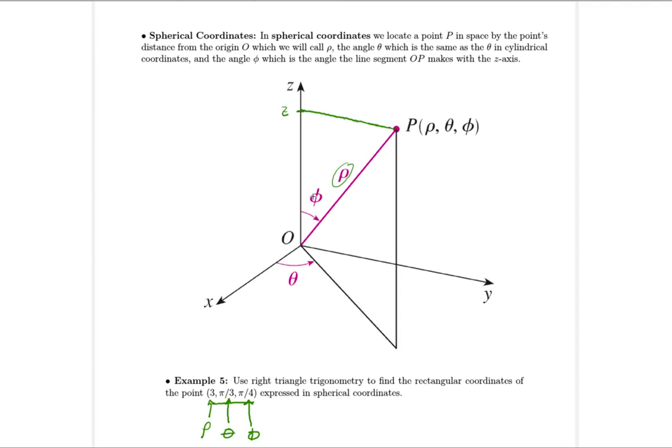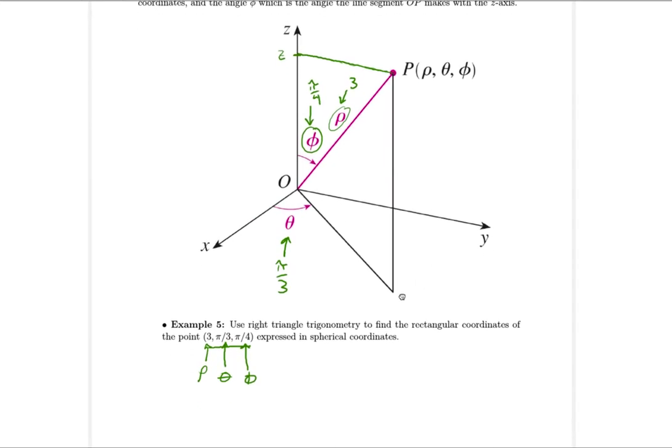Now in my problem, I know that phi is equal to pi over 4, and I know my rho is equal to 3. And for that matter, I know theta is equal to pi over 3. So I can actually work with actual numbers here.